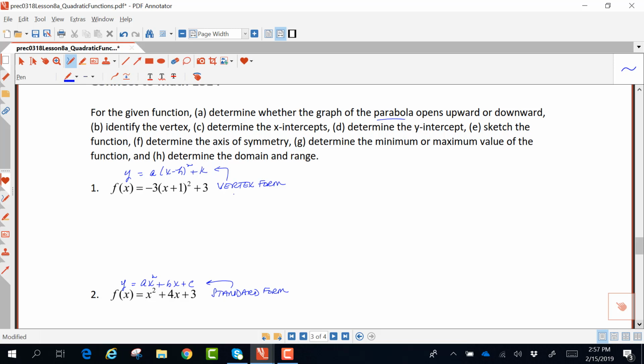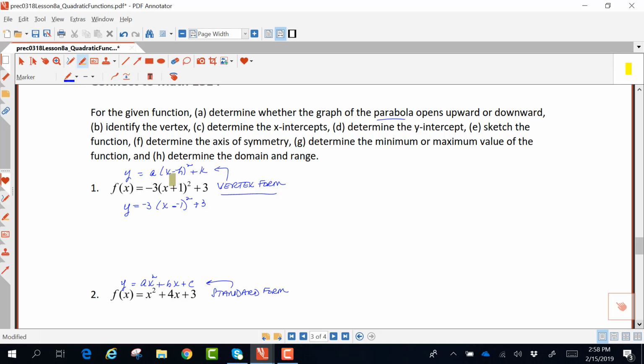In number 1, we are in the vertex form, or y equals a times (x minus h) squared plus k. The only place where we're a little bit off is needing the minus sign in the parentheses, which we can fix by changing addition to the subtraction of a negative number.